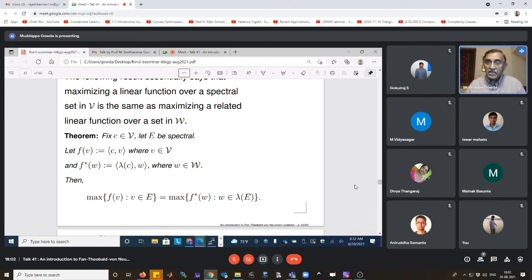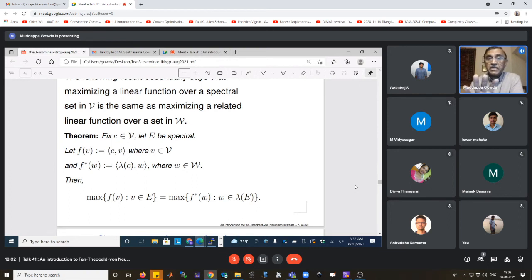It is also linear, but it is defined over W. Then the maximum of f over E is the same as the maximum of f star over lambda of E. So the problem over E is converted into a problem over lambda of E. And lambda of E is in W, and this second problem may be much easier to handle than the first one. And that is the relevance of this particular result.